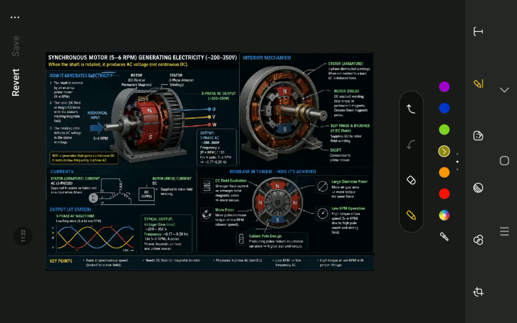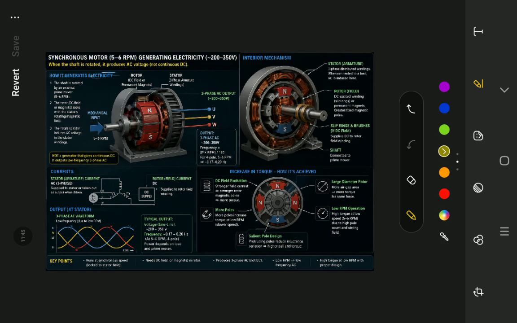Synchronous motors are generally found in cooler swing mode, also ACs. They are used in coolers and ACs as their rpm is 5 to 6 per minute, which makes sure the appliance flaps swing slowly.